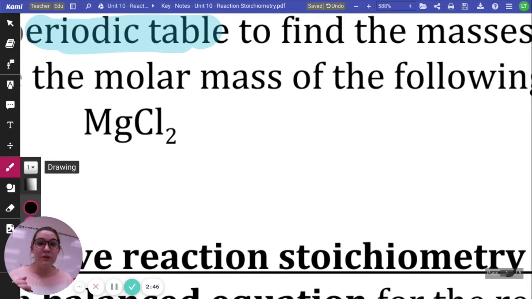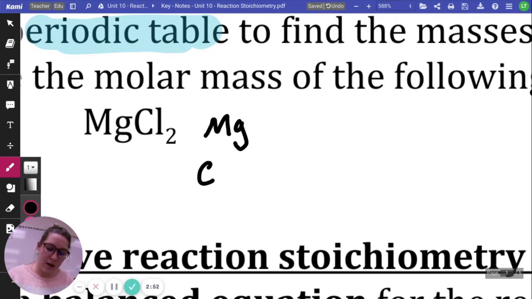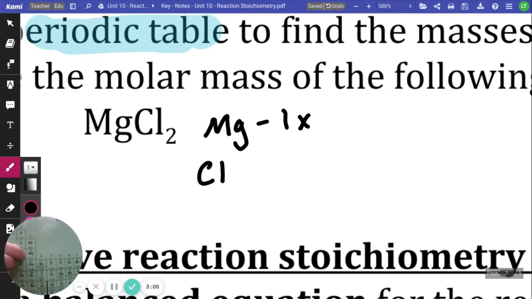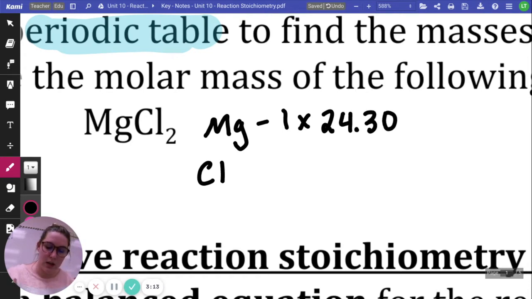All right, so the first one we have is magnesium chloride. Our elements here are magnesium and chlorine. In my compound, I have 1 magnesium. Then I'm going to grab my periodic table, and I'll find magnesium and its mass. According to my periodic table, the mass of magnesium is 24.30.